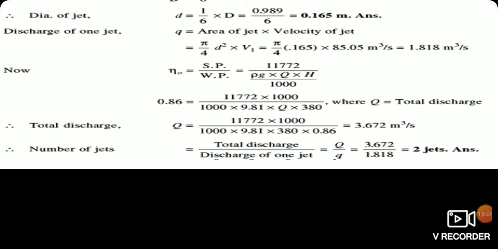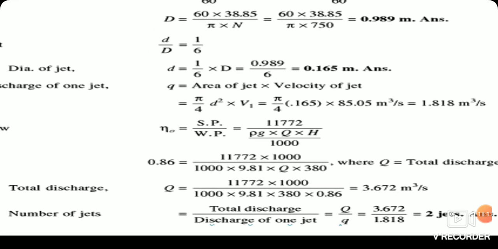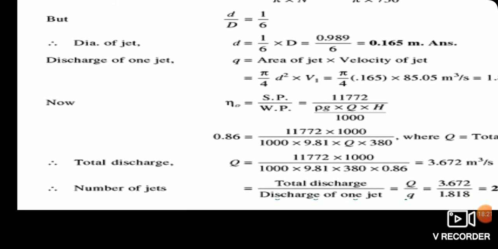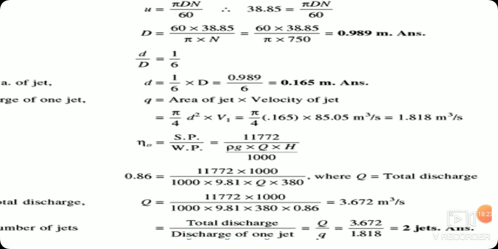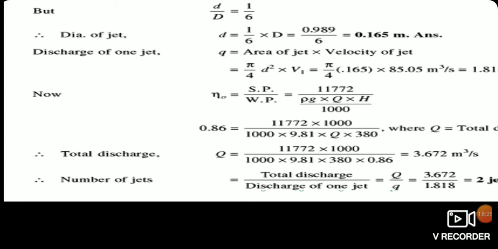Eta overall is equal to shaft power divided by water power, and water power is equal to rho Q g H divided by 1000. So from this equation we can calculate the Q, and Q we are getting as 3.672, and discharge per jet is 1.818.